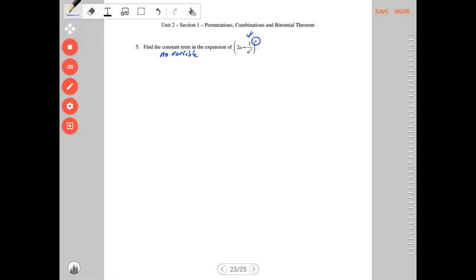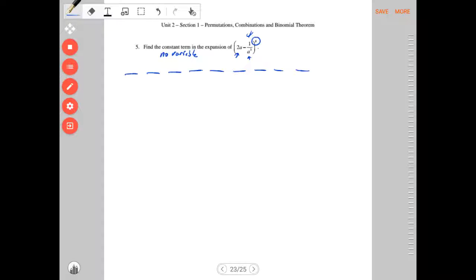Okay, so the exponent is 8, which means that there's 9 terms. 1, 2, 3, 4, 5, 6, 7, 8, 9. Awesome, 9 terms. Now how we do this, remember there's a's on the top, on the numerator, there's a's in the denominator. So we use those blanks as fractions.